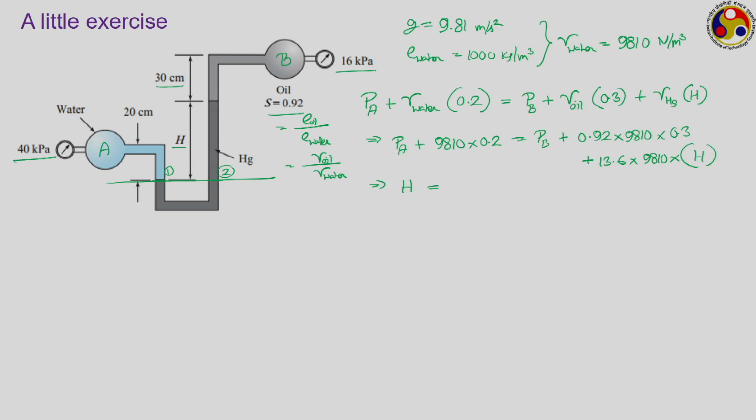However, one thing you have to be careful here, the unit of pressure. Here both Pa and Pb are given in kilopascal, whereas others you have already converted to the basic SI unit. Therefore, the value of Pa minus Pb that we are going to use in calculation, that you should be putting as Pa equal to 40 into 10 cube Pascal and Pb equal to 16 into 10 cube Pascal.